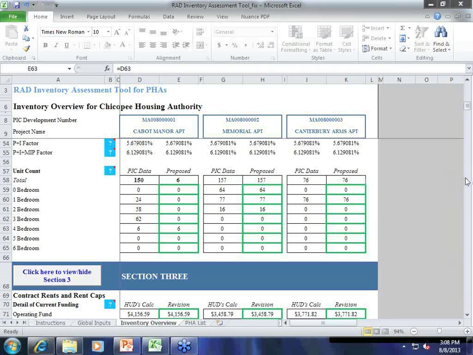We've asked Congress for authority to, and we're optimistic that in the next year or so we'll be able to, but right now we have no authority to convert that project. If you're asking a question about the existing rules of the SRO mod rehab, I think that's outside of our expertise.